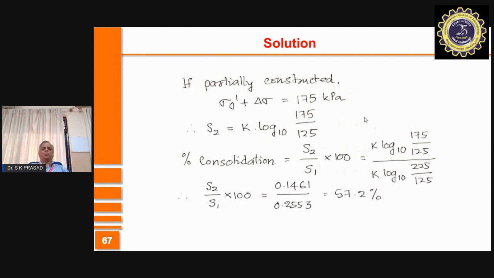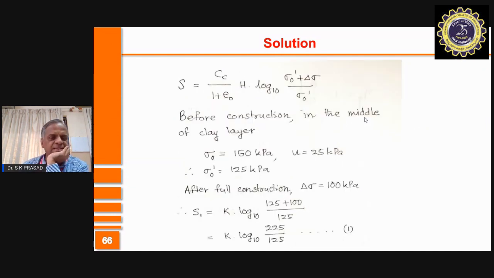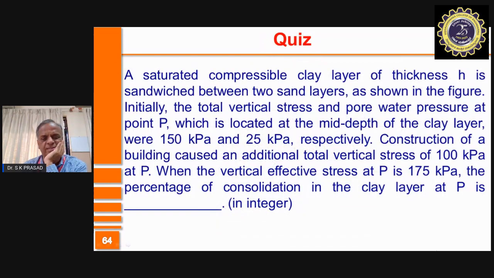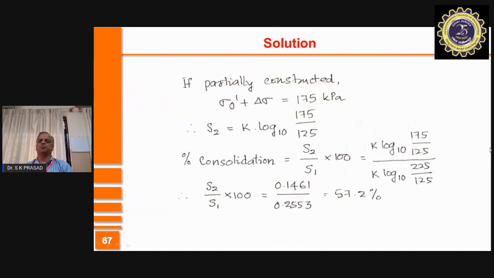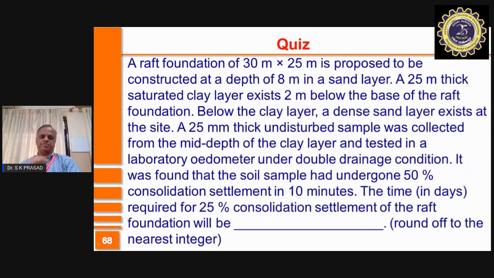Considering percentage consolidation now, because the pressure now is less, it is S2 by S1 into 100, which is equal to 57.2%. So the answer to the question here is that the percentage of consolidation in the clay layer at P is 57.2%. This is what you people will have to remember.